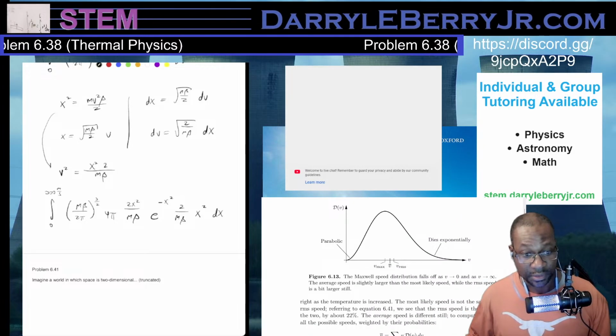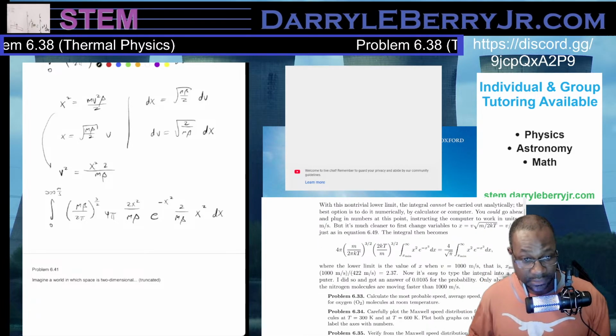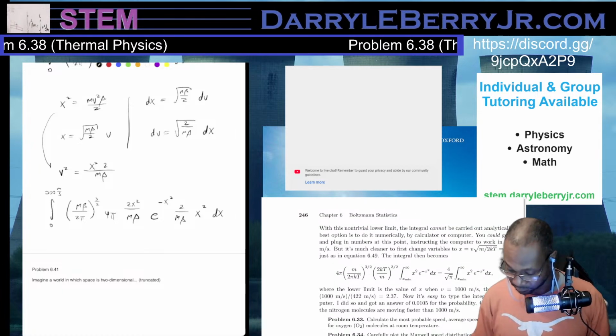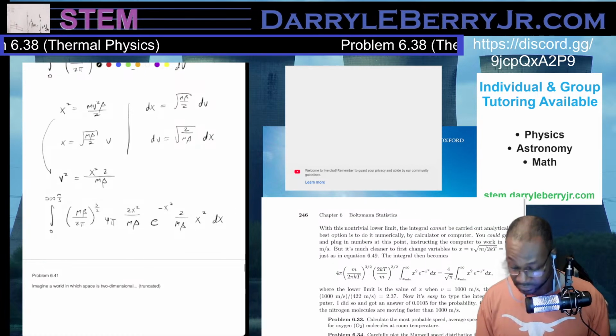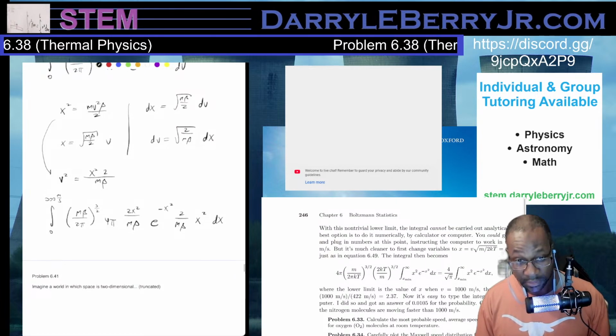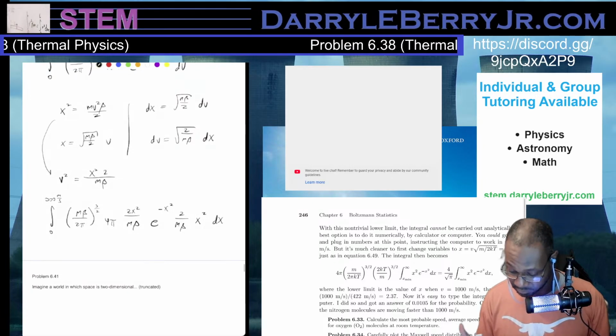I may have done something incorrectly here, so I'm glad I'm practicing. Let's see here. So x equals the square root of m beta over 2 times v. That seems right.